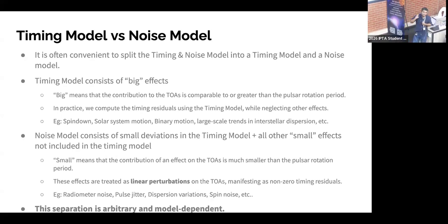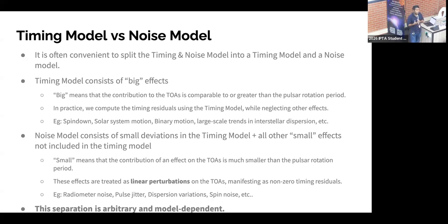The big effects are together called the timing model, and big in this context basically means that the effect of these effects on the TOAs is comparable to or greater than the pulsar rotational period. An example for this would be the solar system Romer delay.